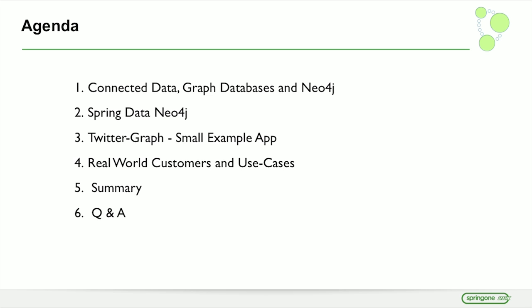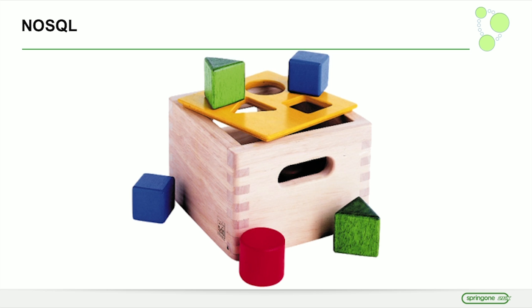And then I want to talk about some real-world customer and use cases. That's a bit of a tricky part, because it's not so easy to share openly most of the customers, domains and code and so on. So I had to work around that. And then summary and Q&A. For everyone who came late, I don't mind being interrupted with questions. So if you have any questions, feel free to ask.